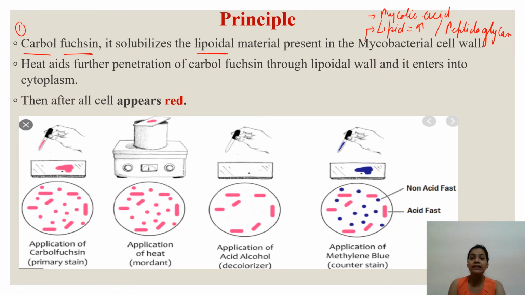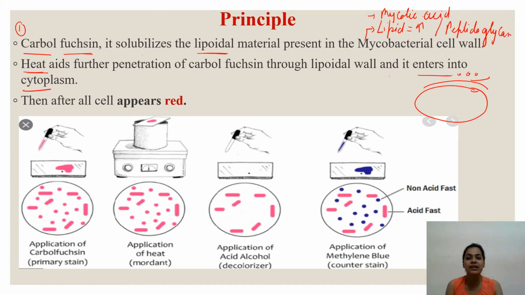And then the heat, which is actually the mordant here, aids the further penetration of this carbol fuchsin into the lipoidal wall, and thus the primary stain enters the cytoplasm of the bacteria. If this is the bacteria, this is the cell wall and this is the plasma membrane.